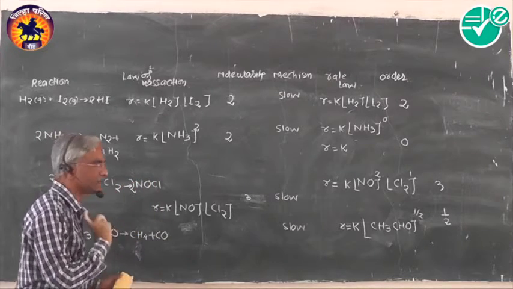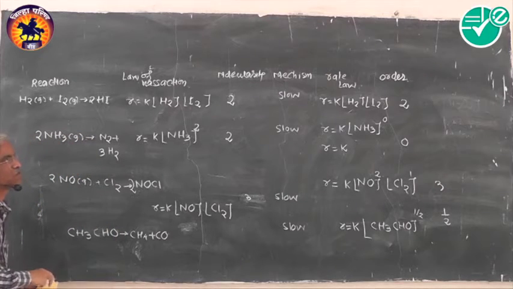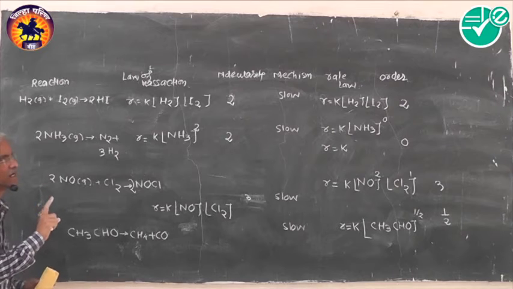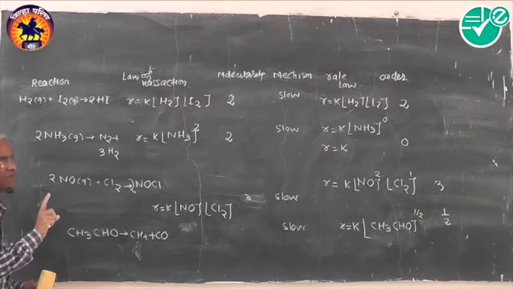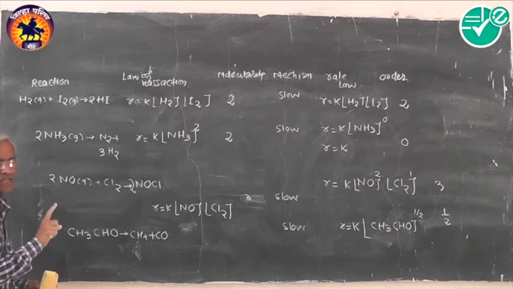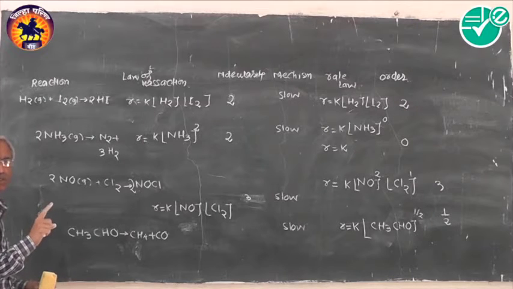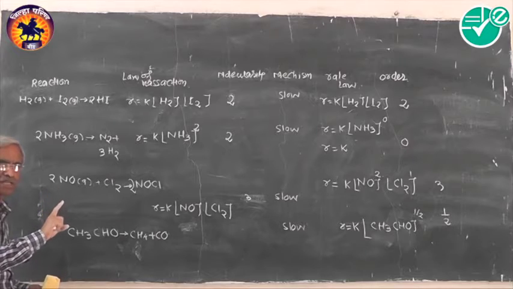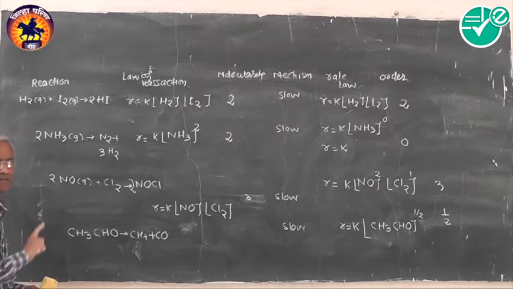We have already considered the examples of first order reaction. The first order reactions are reactions in which the rate of reaction is proportional to the first power of the concentration of the reactant.